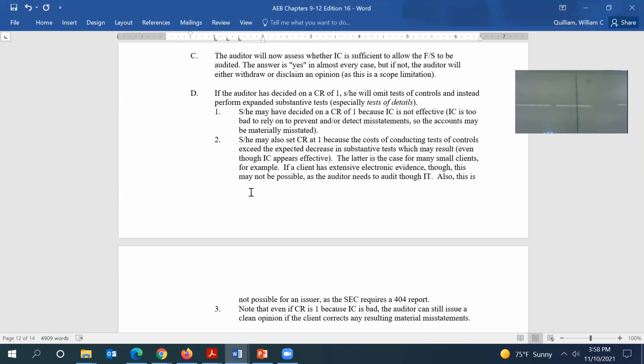So they're probably going to have to step down to a review instead. If they're publicly traded, they have to have an audit. But the SEC, when they see that these problems exist, will be very unfriendly and they might delist their stock. It can get nasty.